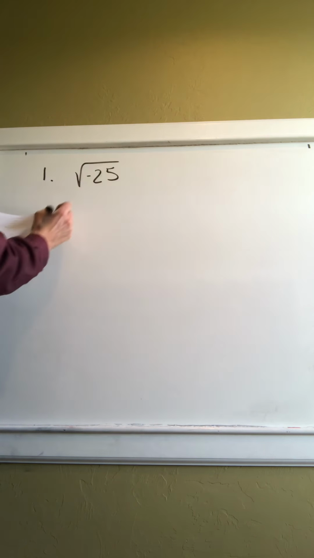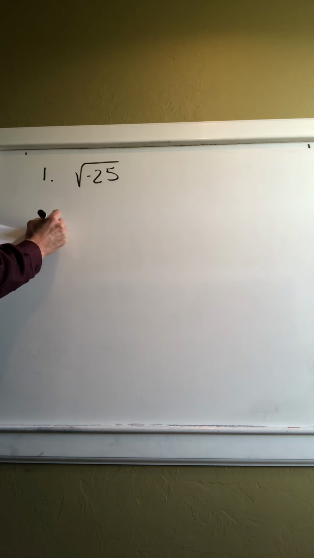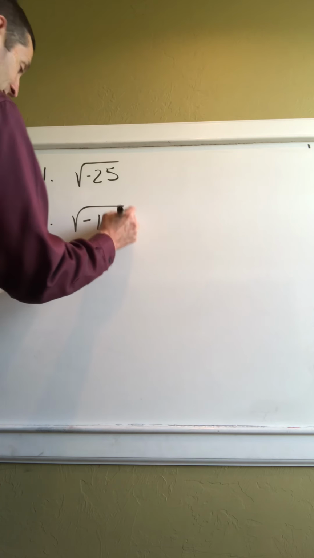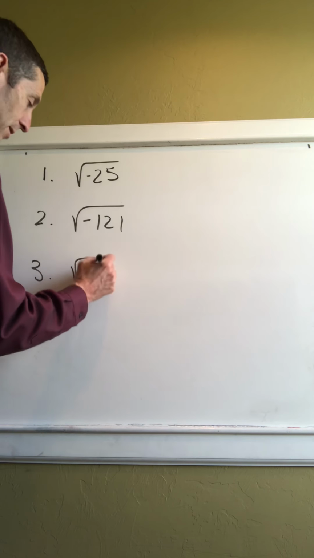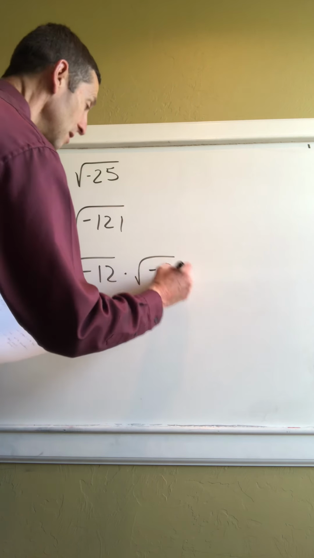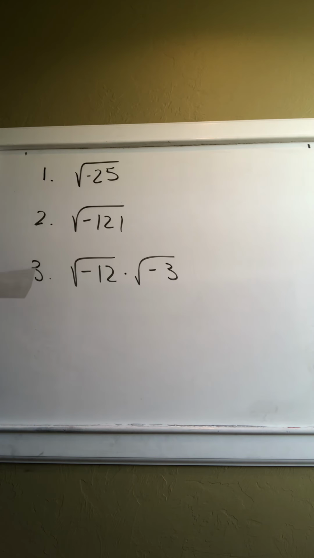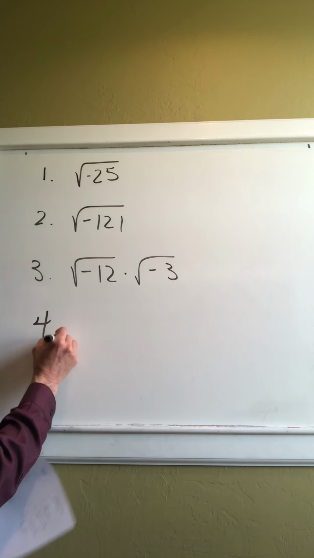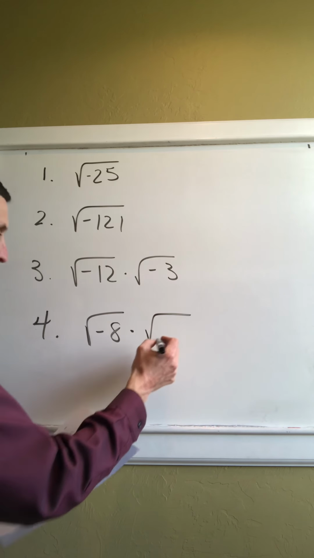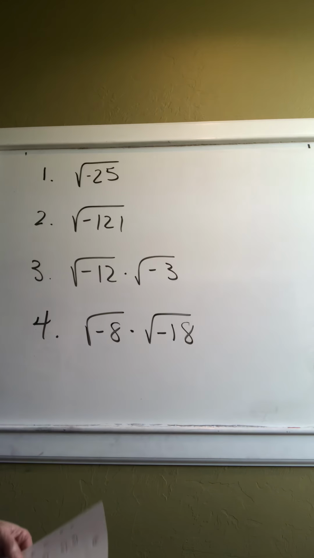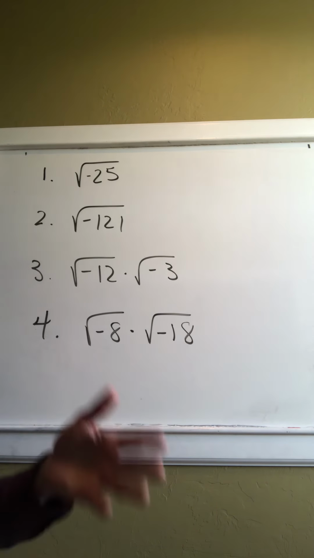So here we go. Your homework assignment. I've got 8 questions. All right, here's the first 3. I can get number 4 down here. Okay, so there's your first 4, and there's a total of 8 of these.